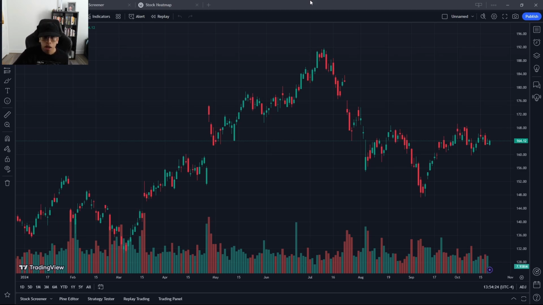Okay. That's very important. Now, for the put side, the way it works is that if you're a seller of a put, you have the obligation to buy those shares at that strike price.